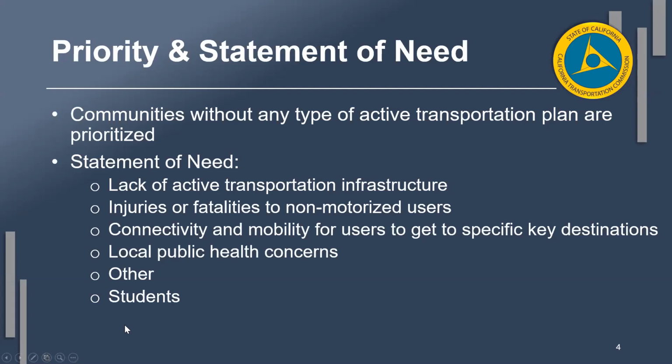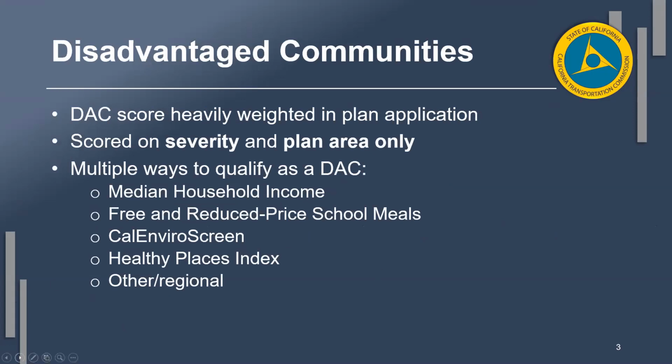So to put this to scale, applicants that don't have a pedestrian, bicycle, safe routes to school, or comprehensive active transportation plan receive the most amount of points, and the applicants that are seeking to update a pedestrian, bicycle, safe routes to school, or comprehensive active transportation plan that is less than 5 years old receive the least amount of points for this section.